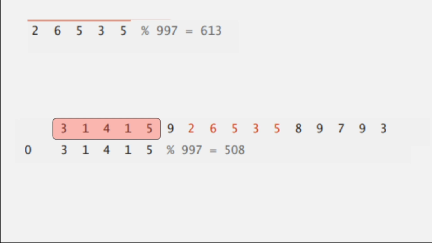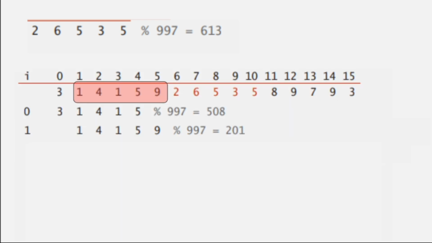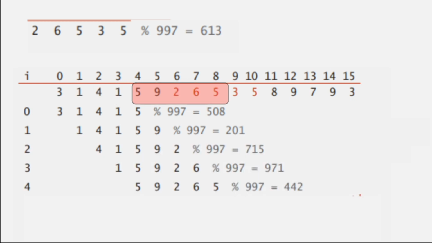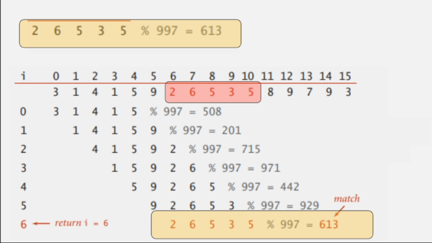Then we take a part of the text that is the size of the pattern and hash it, and we got the value 508. Then moving forward, we hash the next part of the string and we got the value 201. And moving forward, on and on, finally we got the same hash value. So we got the match.